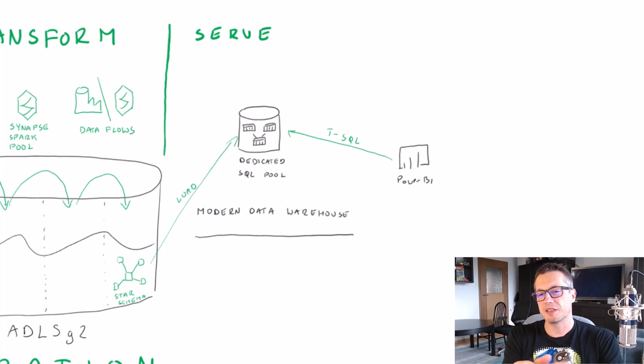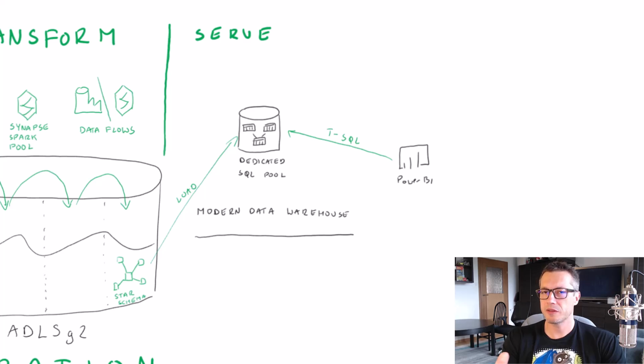And obviously we might have some other data consumers that would also be able to connect to our dedicated SQL pool. All right, great. And summarizing this dedicated SQL pool in a few words, it is this dedicated database engine that is used to handle massive amounts of data.